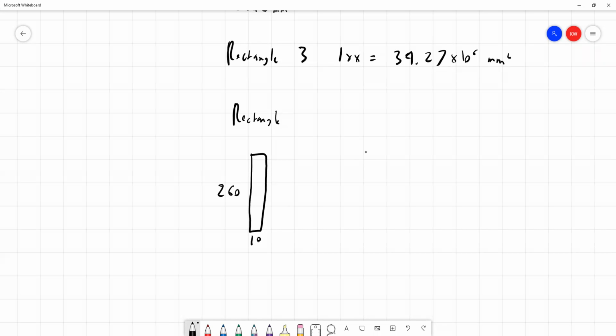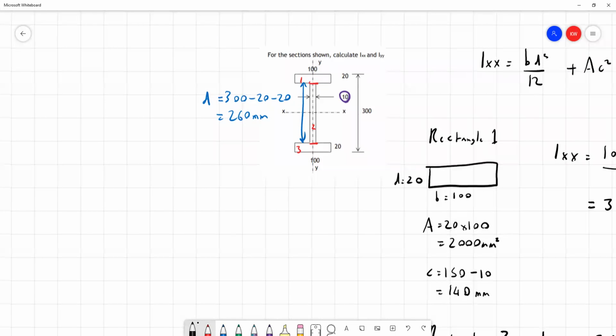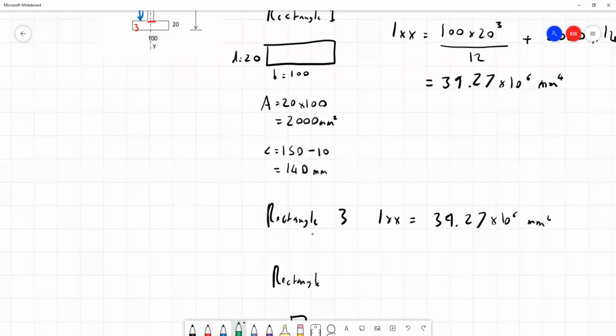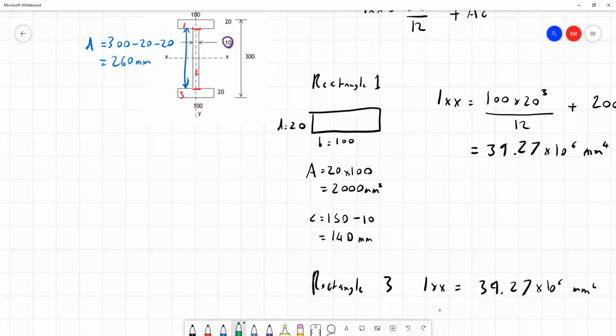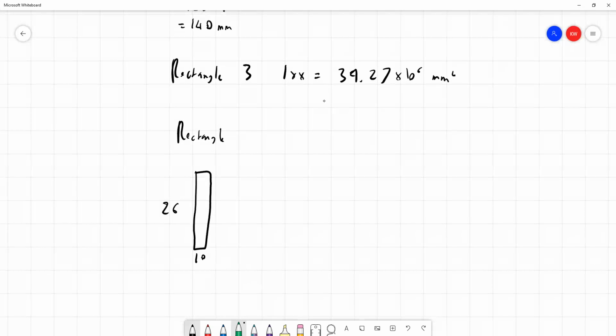But before we start to work out the area, let's think about what the value for C is here. Well, looking at this rectangle, its centroid, which I'm marking green here, is the same as the centroid of the I-beam as a whole. And the centroids are the same, which means there's no distance between them. So the value for C is 0. So when you have part of your I-beam which the centroid for the whole I-beam runs through, it simply has a second moment of area found by Ixx equal to BD cubed over 12.